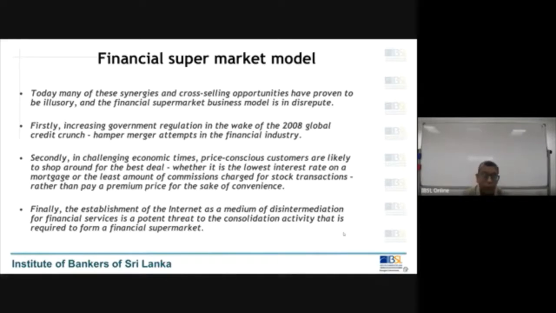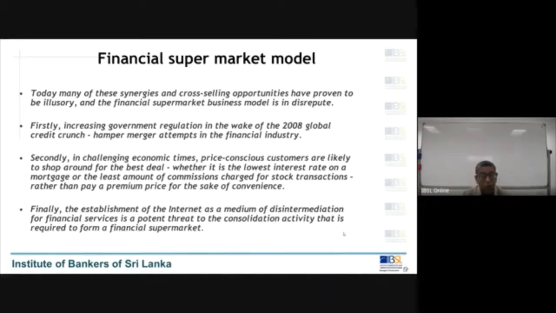So what is the strategic intention behind this financial conglomerate, right? One is synergies and cross-selling. You know what you mean by a synergy. If you work together, you have more business opportunities than when you are working alone.